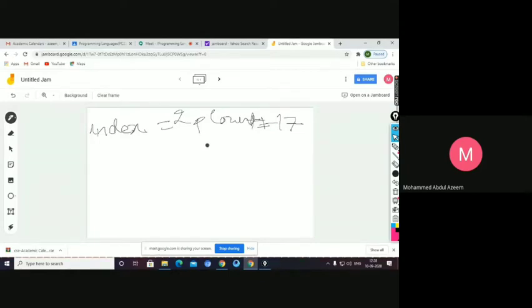In this statement, you have the left hand side, index, and the right hand side, 2 into count plus 17. I'll clear the frame and write it again because it's not properly written. I'm practicing it now since these are my beginning classes to teach you using this kind of approach.